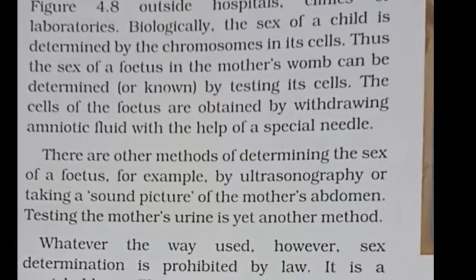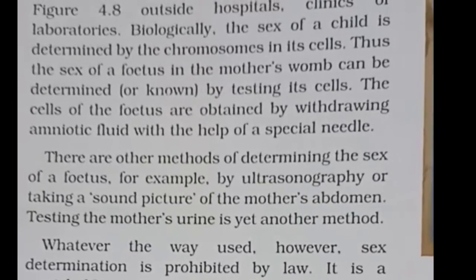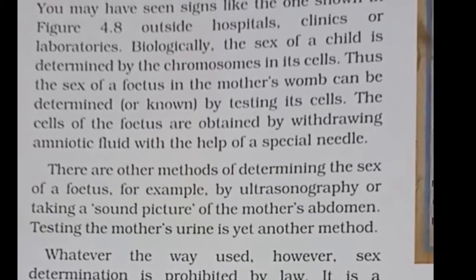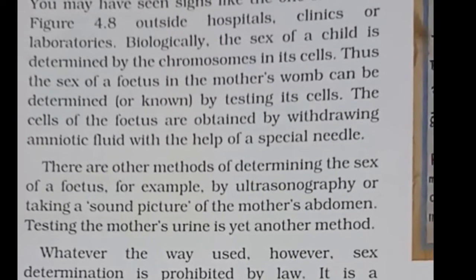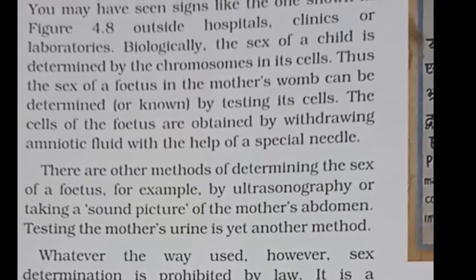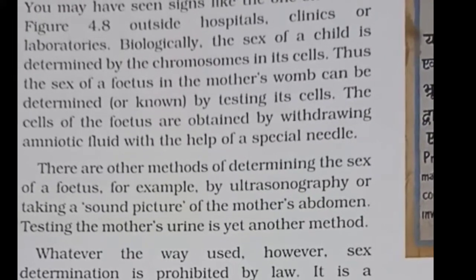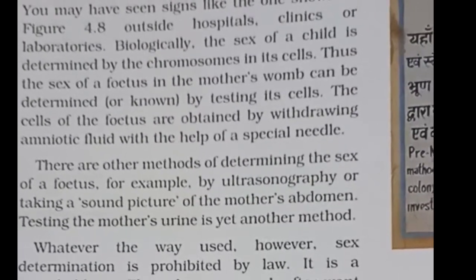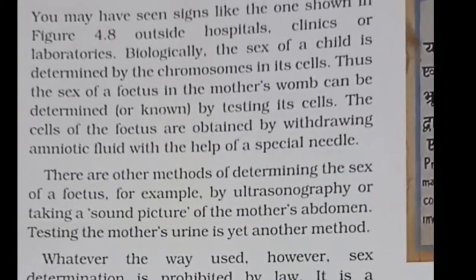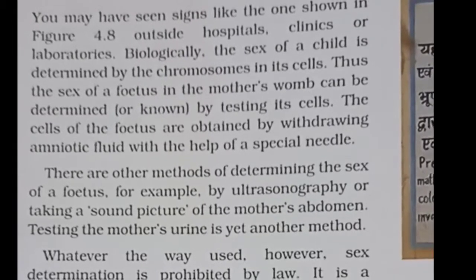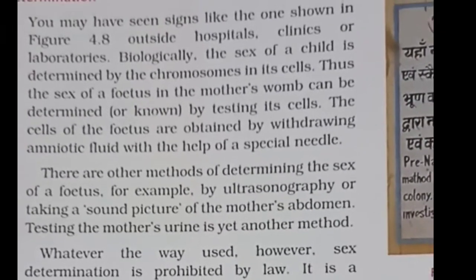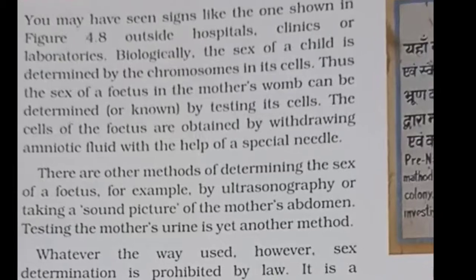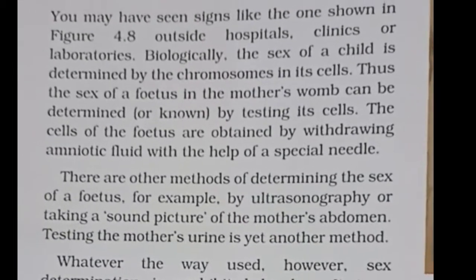Biologically, the sex of a child is determined by the chromosomes in its cells. That means the sex of a fetus in the mother's womb can be determined by testing its cells. The cells of the fetus can be taken out from the amniotic fluid with the help of a special needle, and then the sex of the child can be determined.